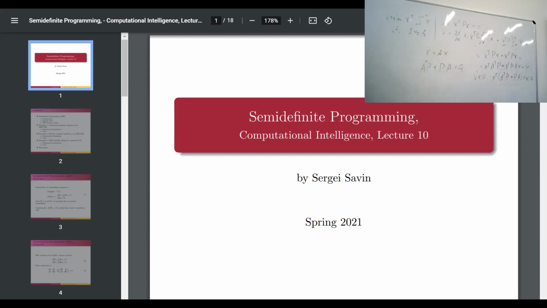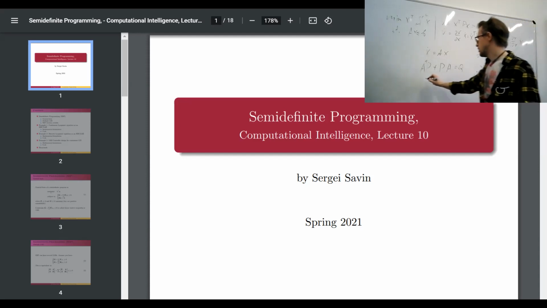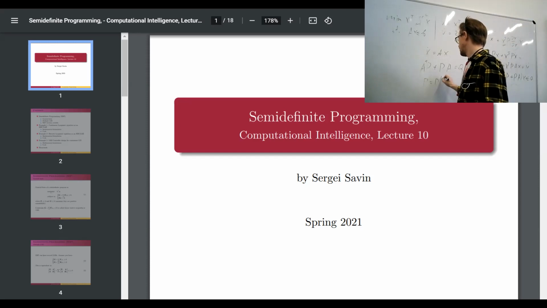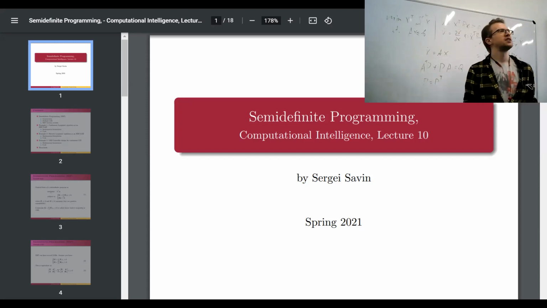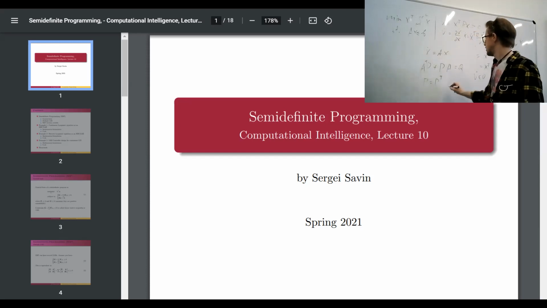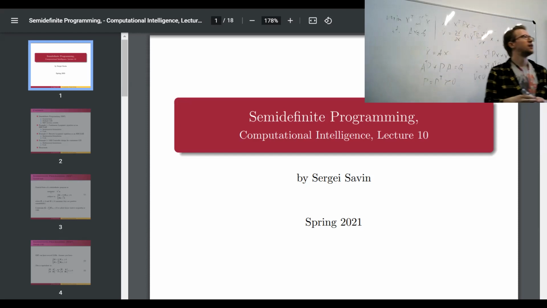That's the definition of what a quadratic form is. Okay, so far so good, right? Also, notice that P here is symmetric. In fact, P is not just symmetric, it's also positive semi-definite. So this whole matrix has to be negative semi-definite, and this P has to be positive semi-definite.